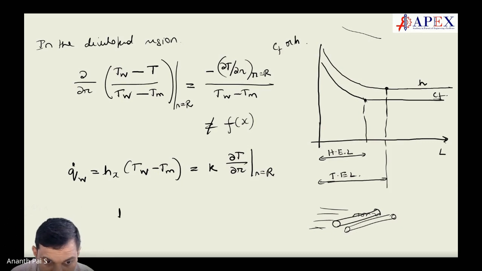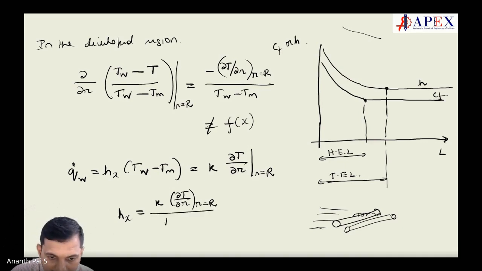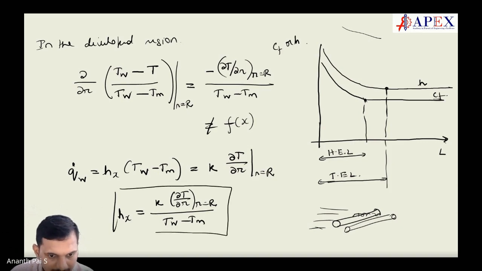So now hx can be equal to k times ∂T/∂r at r is equal to R divided by Tw minus Tm. There has been one question on this. This is when Tw is greater than T mean.